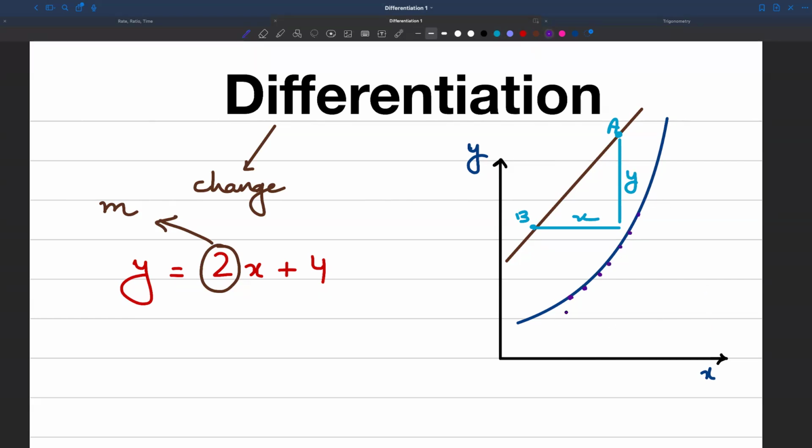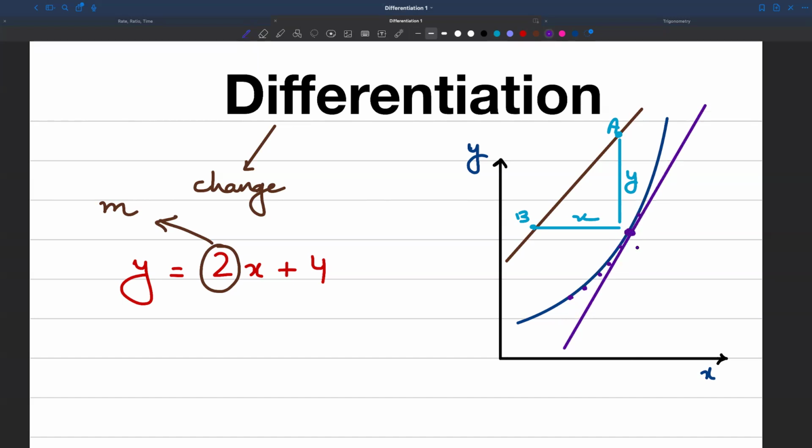Now, when we were doing our GCSEs or O levels, we learned that to find the gradient at any point on the curve, we make a tangent. Many of you made the graphs and then made a tangent, and once you make a tangent, you find the gradient of the tangent.